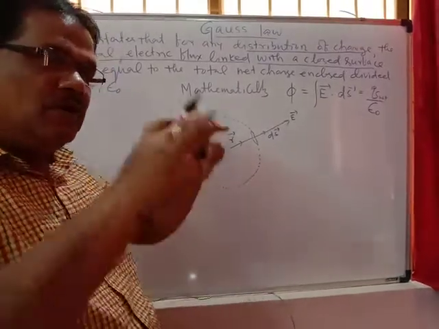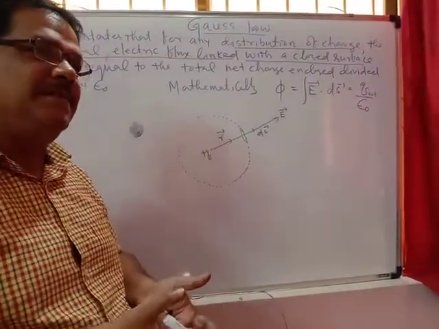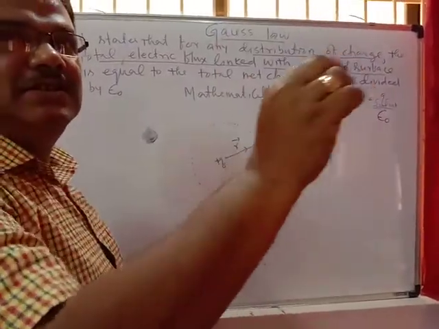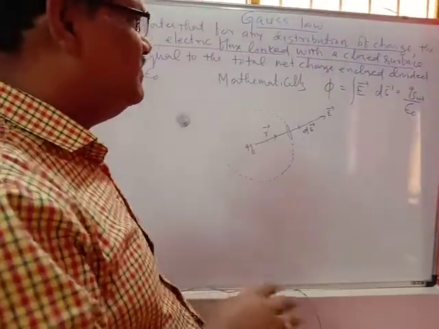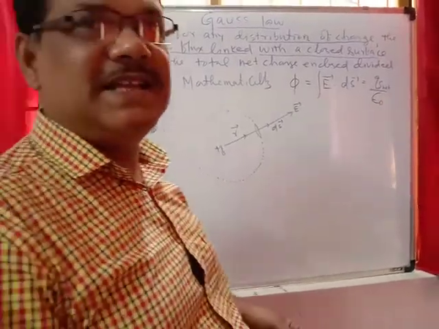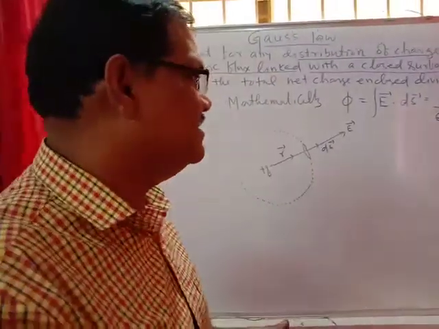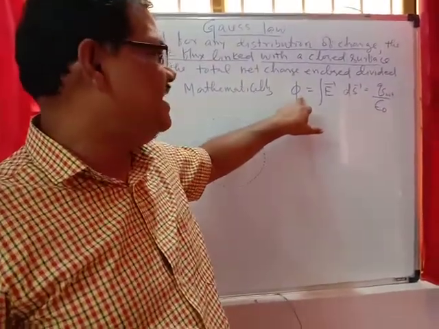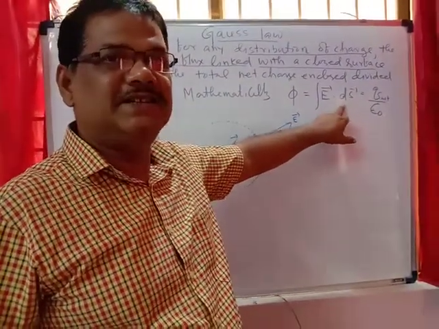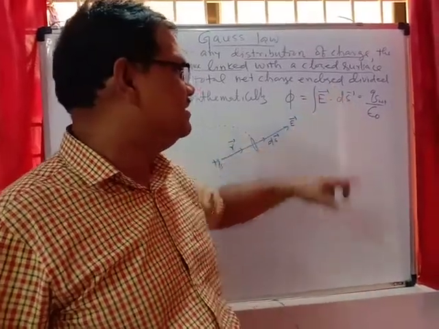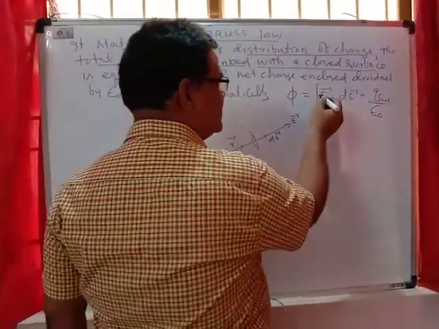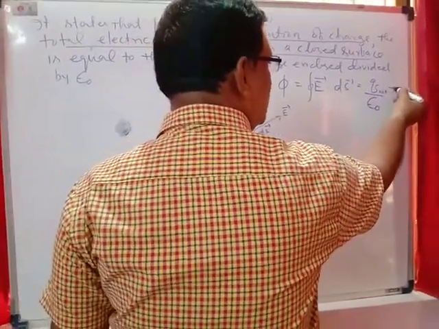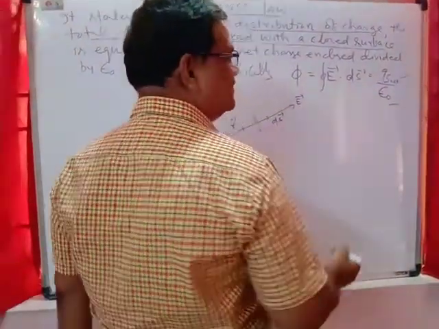If it is enclosed by any closed surface, then whatever the electric flux linked to that closed surface must be equal to the total net charge enclosed divided by epsilon naught. Mathematically, phi equals the closed integration of E vector dot ds vector, which is equal to the net charge enclosed divided by epsilon naught.